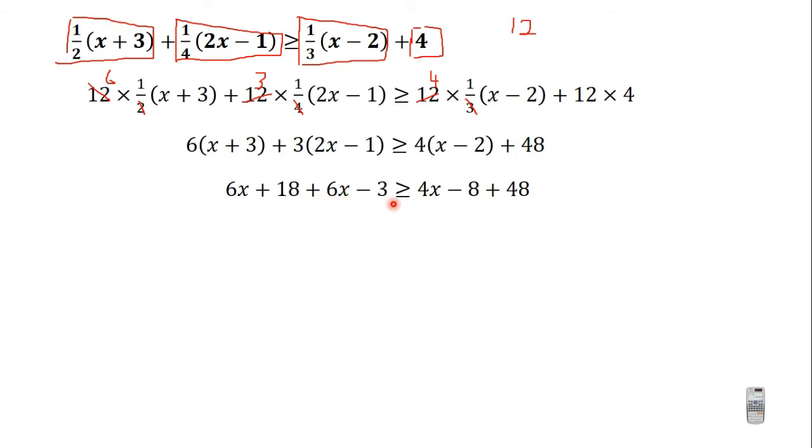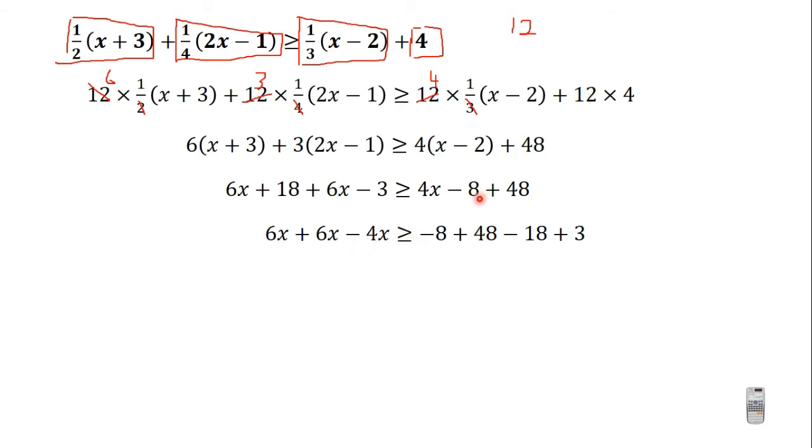I'm going to keep the terms with x on the left hand side, then the terms without x on the right hand side, which means that I'll have to bring 4x from this side to that side. So I'm going to have 6x plus 6x, which is already here. 4x is positive, so when it crosses to this side, it becomes negative, so minus 4x.